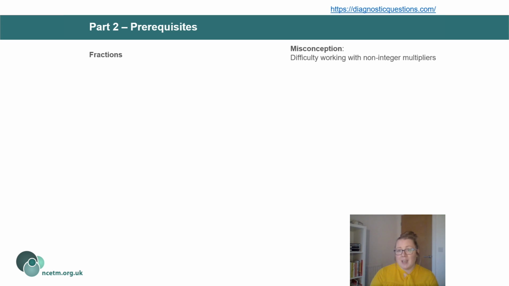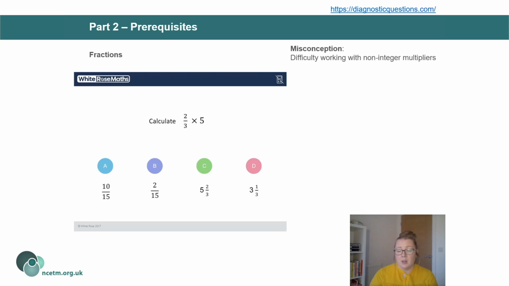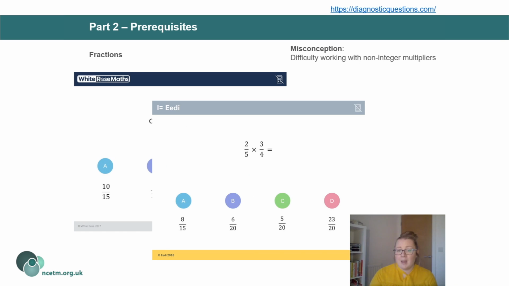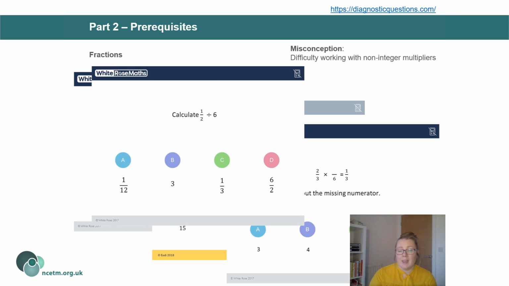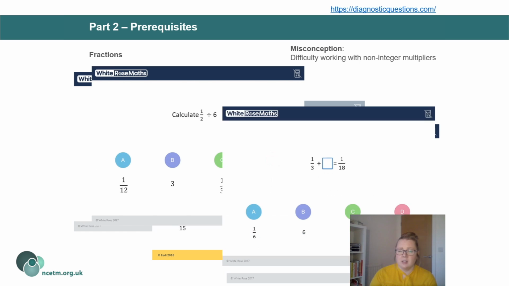Here I want to be checking for our Key Stage 2 and Key Stage 3 knowledge on fractions. So I'm going to start by looking at proper fractions being multiplied by an integer, and then move on to 2 proper fractions being multiplied together. I then want to move on to looking at fractional division, again with integers to start, and then looking at unit fractions.